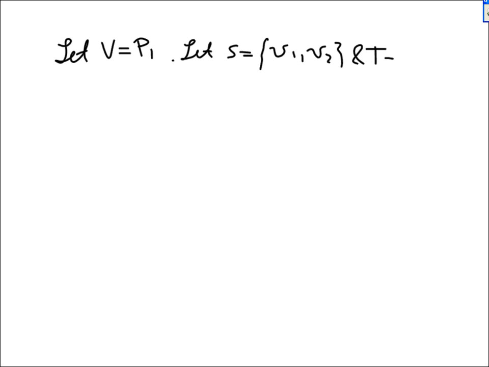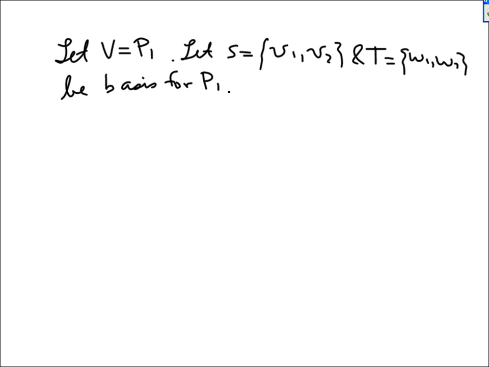Okay, how about the next vector space, V, will be P sub 1. Let V be P sub 1. The set of all polynomials of degree 1 or less, including the zero polynomial. Let S equal V1, V2, and set T equal W1, W2 be bases for P1.